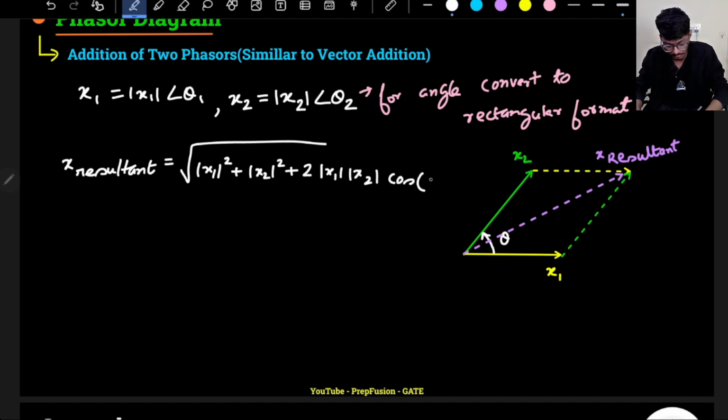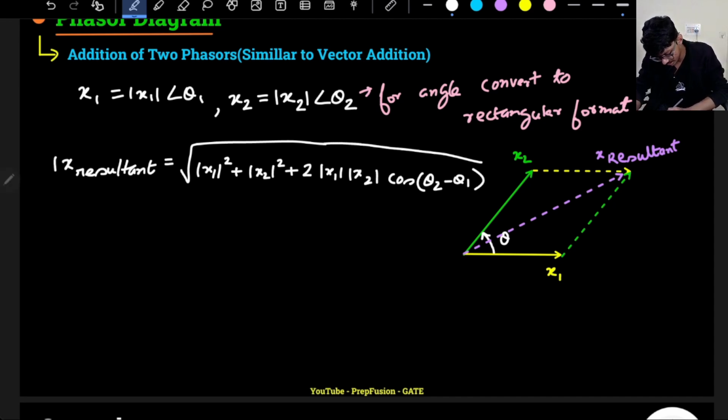It does not matter because cos of minus theta is the same as cos theta. Just take the difference of the angles. Don't have to remember anything.